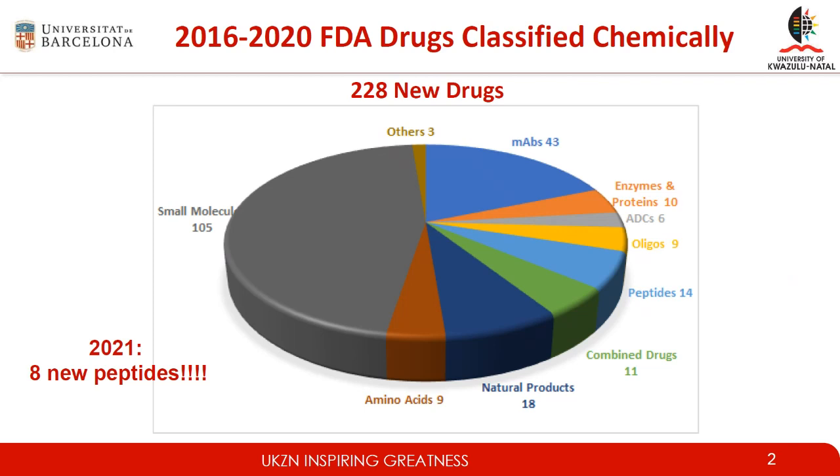Only in this year so far, we are very close to the end of the year, we have 8 new peptides. This means that next year there will be a total of about 280 new drugs, and 22 will be peptides, 8-9% of all drugs accepted by the FDA. This means that our field is increasing, our field is very powerful.